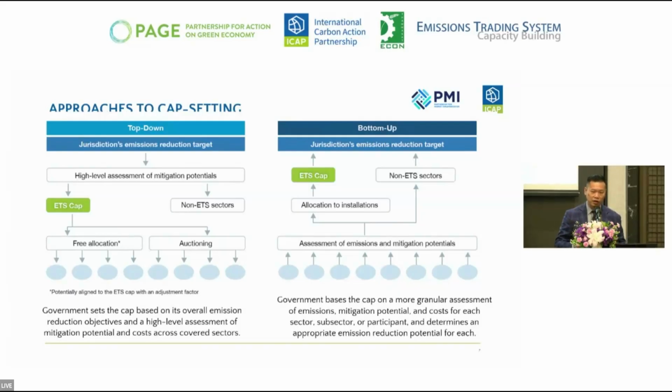And there are other approaches. Another one is bottom-up. So the government doesn't set the target at the very beginning. They just calculate the allowance for each company, each installation, and then sum them up and use that as the cap.